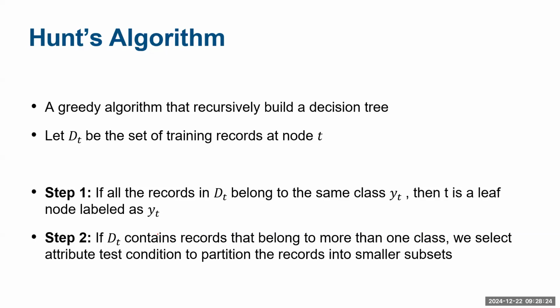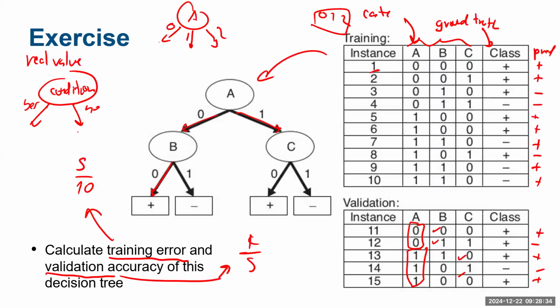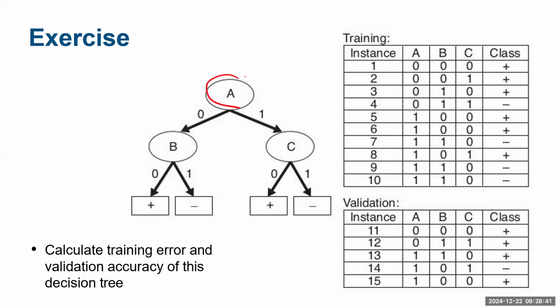Let's say Dt is the set of training records at node t. What does that mean? Take this data, for example. When you look at this node, you look at all of the data. When you look at node B, you only look at the data where A equals 0.